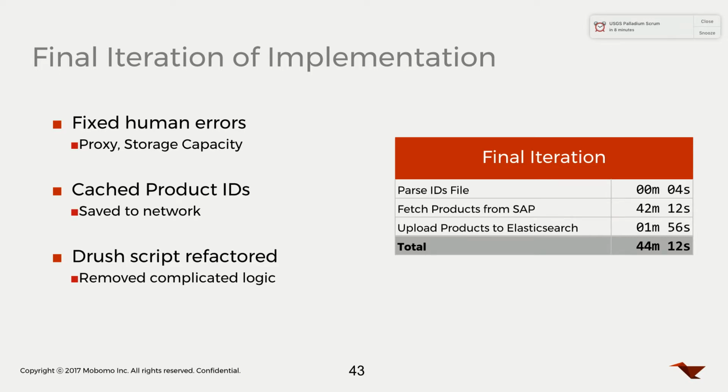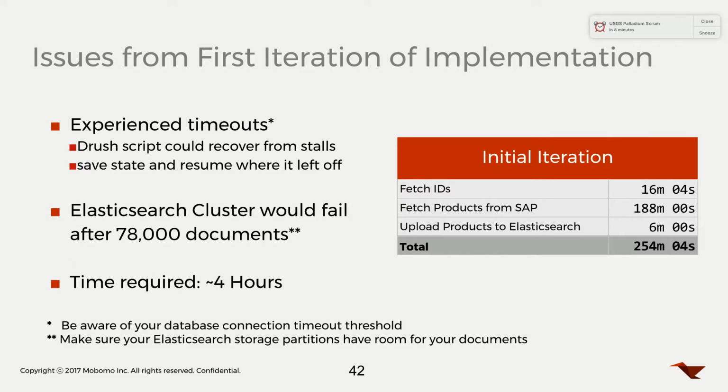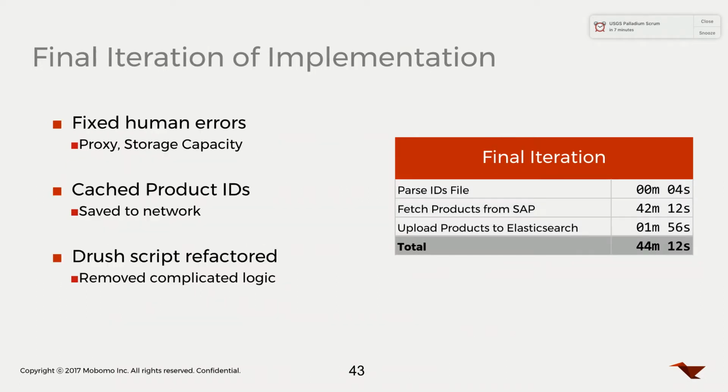So the original request, we had to make an HTTP request to the server, and it came back with a response. The times are there on the right. It took 16 minutes to pull that in, and then the products took another 188 minutes to get, because we got that big ID list, and then we had to go and get each product, and then upload them to Elasticsearch.